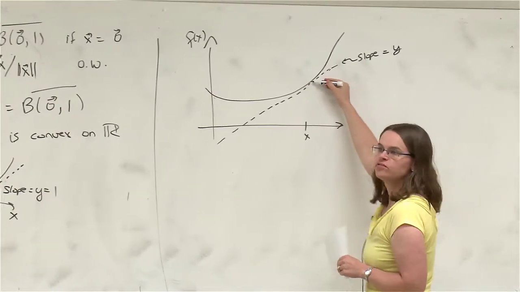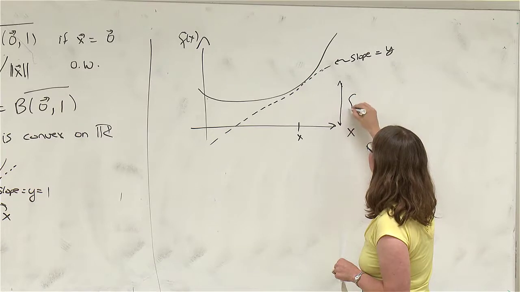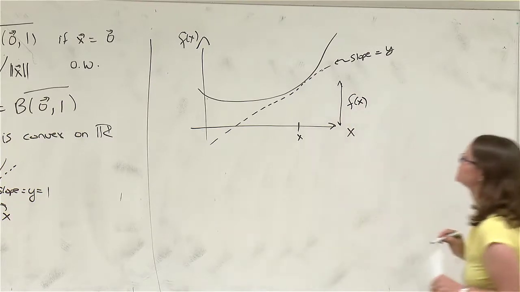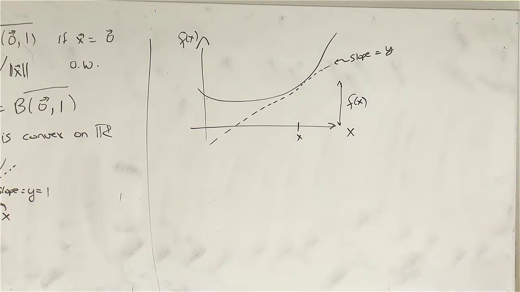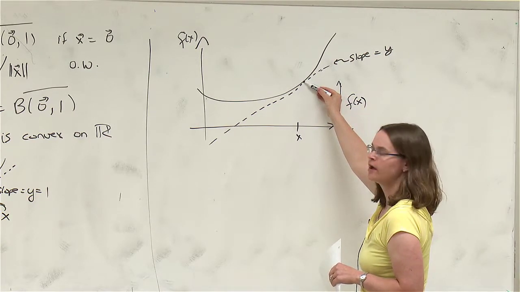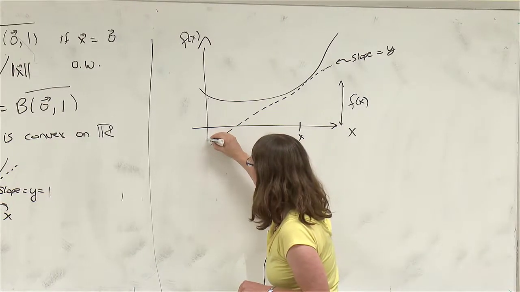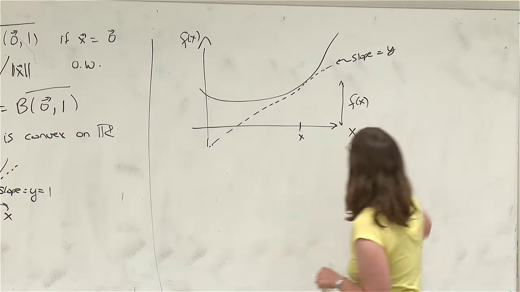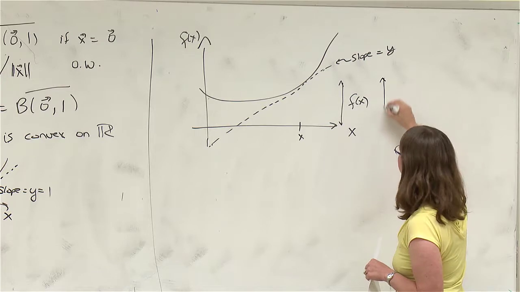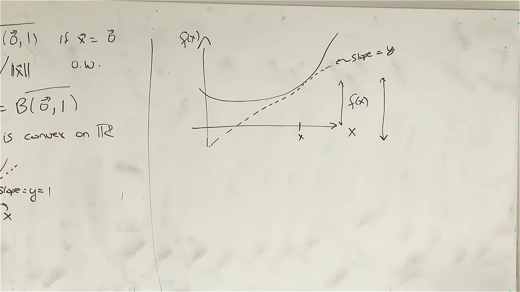This height here, of course, is f of x. Call this f of x. And then another natural height that comes out of here is the height of this tangent line, to where we intercept, say, the y-axis. Okay, what's that height equal to?